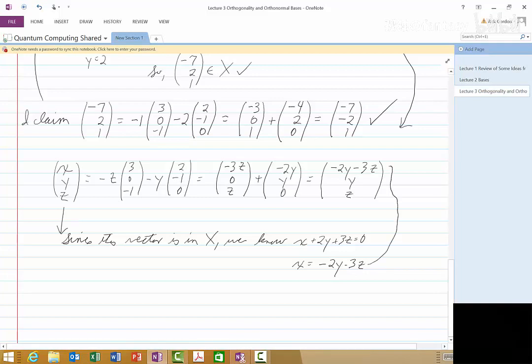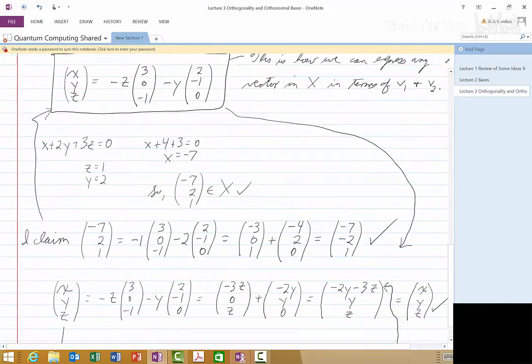So we could plug that in right up there, and we see that this vector is indeed equal to x, y, z. Once we see that, the magic sort of disappears, and we see why this all works out.